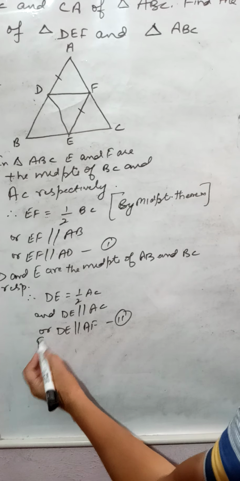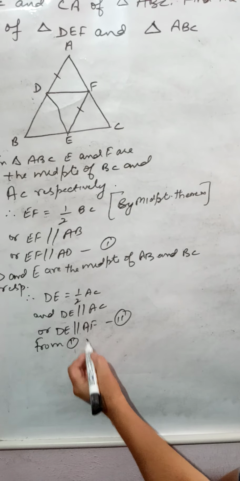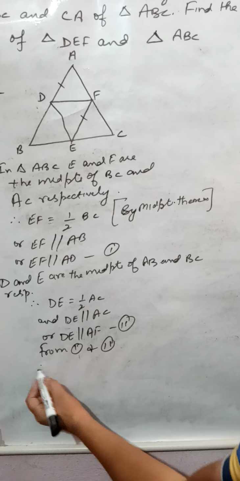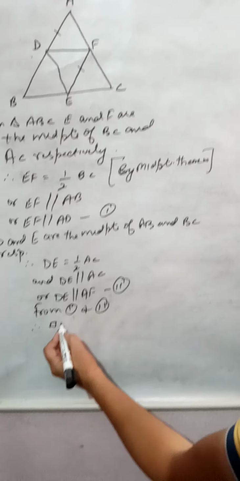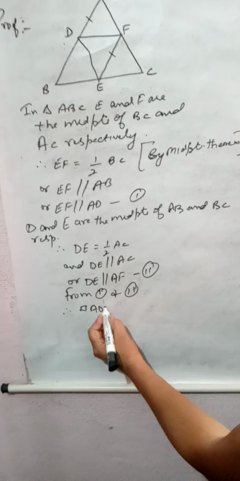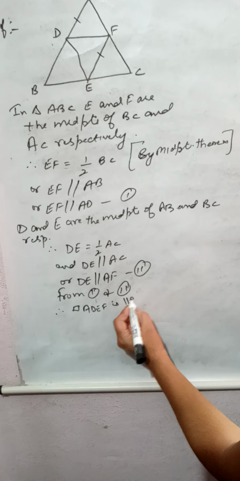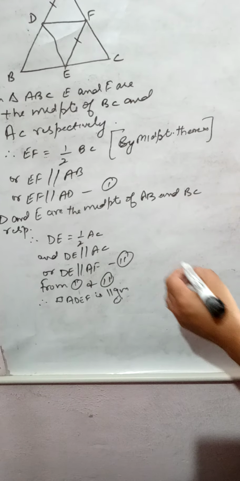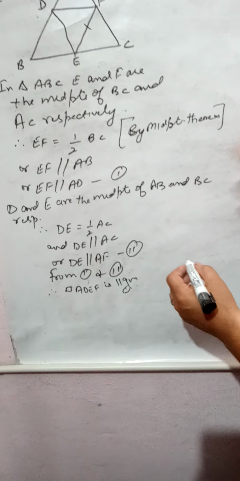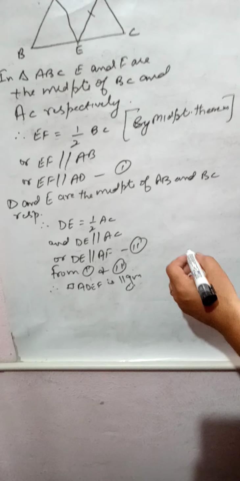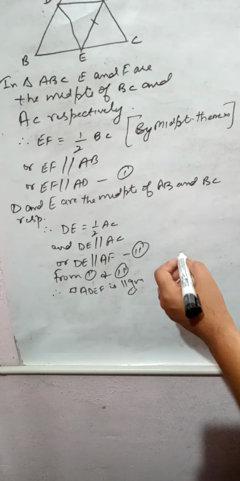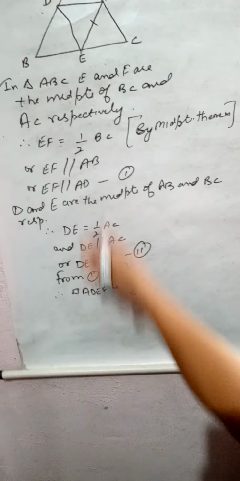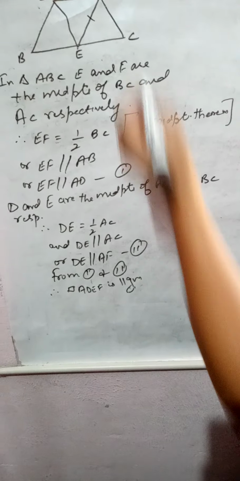Now from first and second, the quadrilateral ADEF is a parallelogram, because if both pairs of opposite sides are parallel, or equal, the given quadrilateral is a parallelogram. So ADEF is a parallelogram.